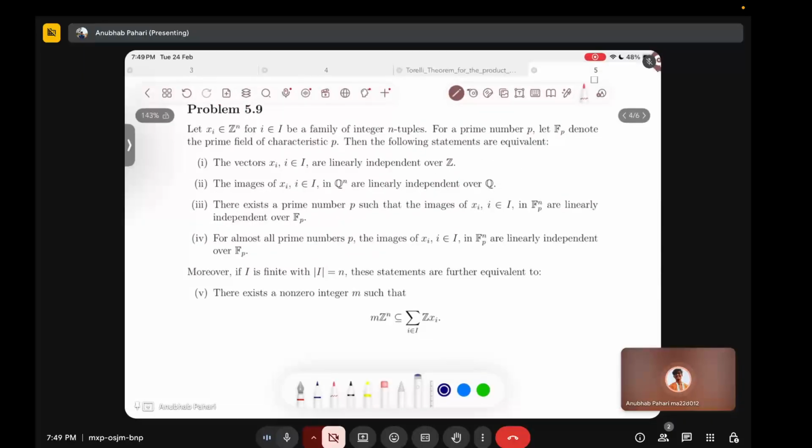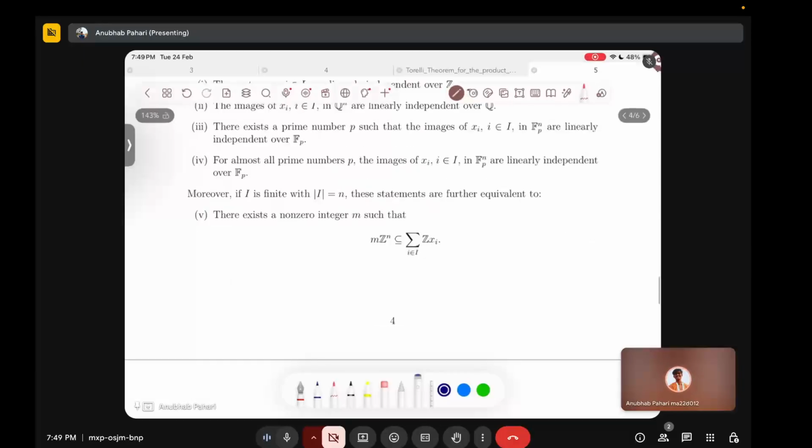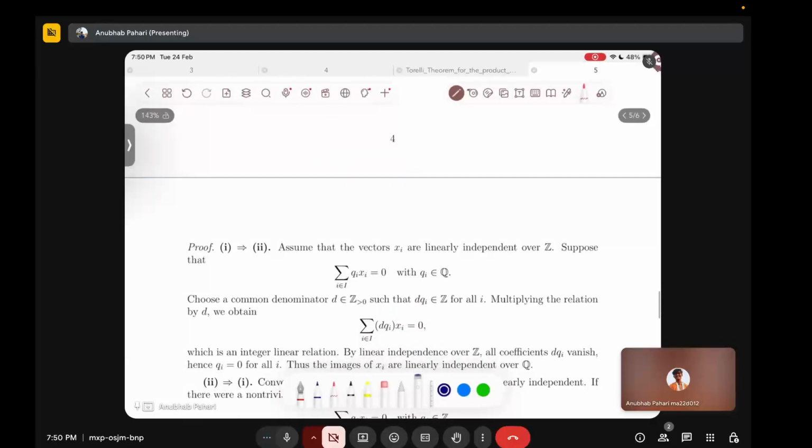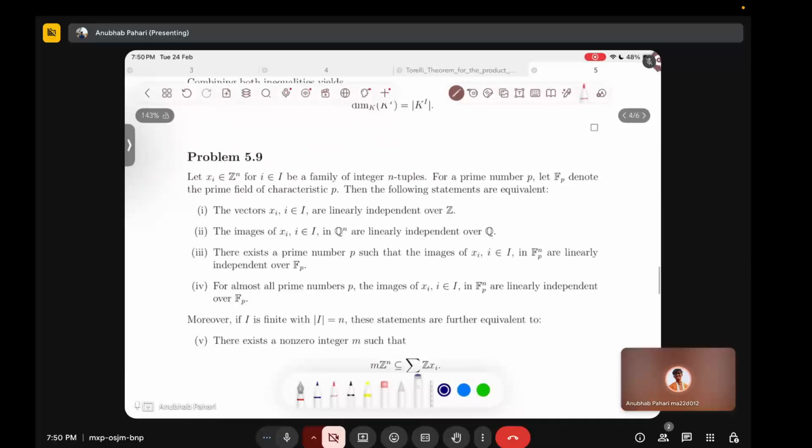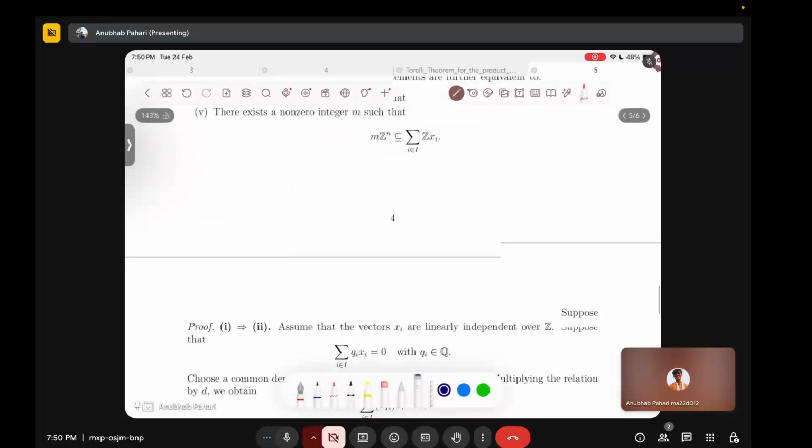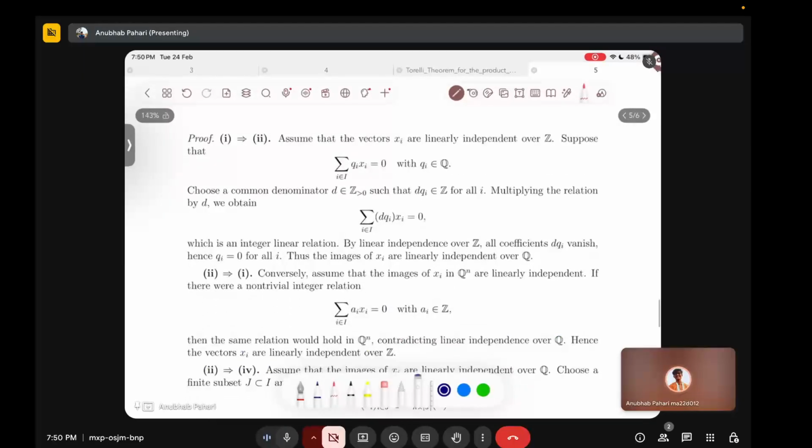So what we try to do is at least show that the first statements are equivalent. So the first will go to 2. That means that if x_i are linearly independent over Z, then x_i are linearly independent over Q also. So assume that the x_i are linearly independent over Z, and suppose that summation of q_i x_i equals 0, with q_i belonging to capital Q, I mean the rational numbers.